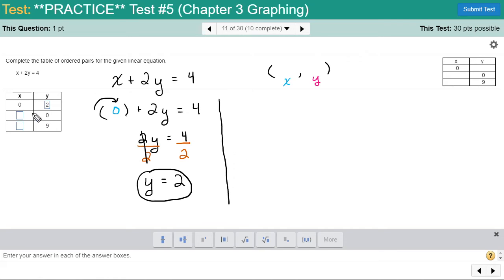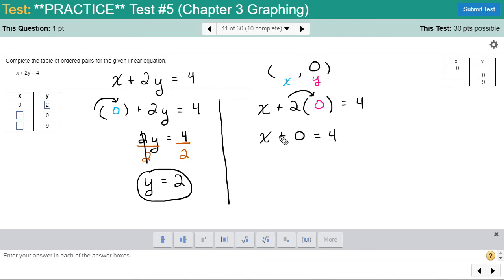This time we can see that we were given no x, but we were given a y. So let's plug in the y for 0, and see what happens. So we have x plus 2 times y, but y according to this point is 0, is equal to positive 4. Let's clean up the left-hand side here. We have x, and then when we distribute this positive 2, we end up with x, and positive 2 times 0 is 0, equals 4.